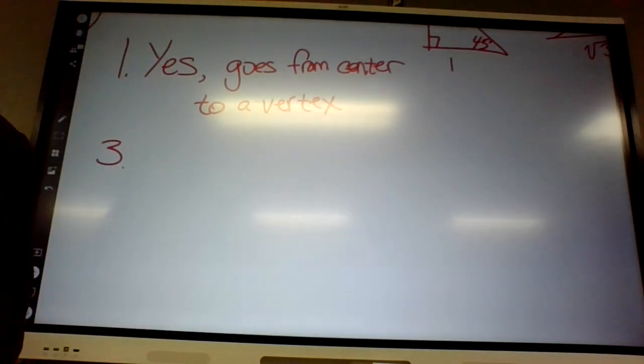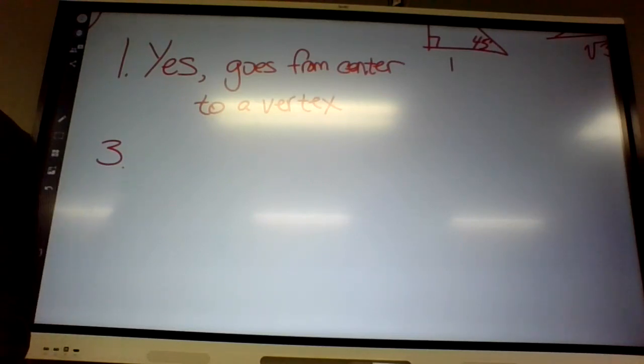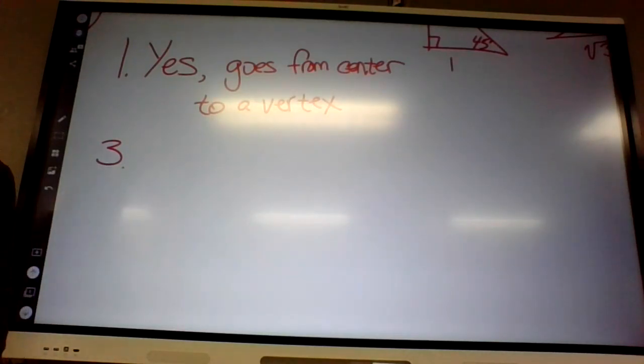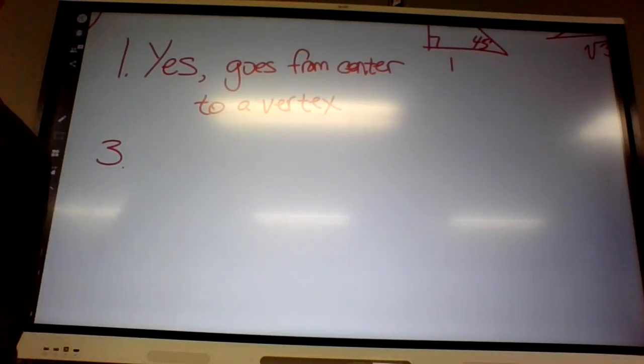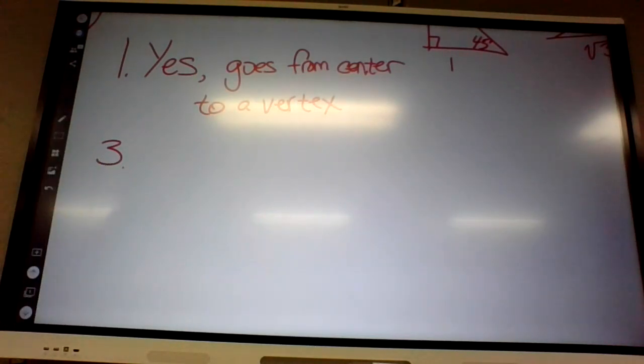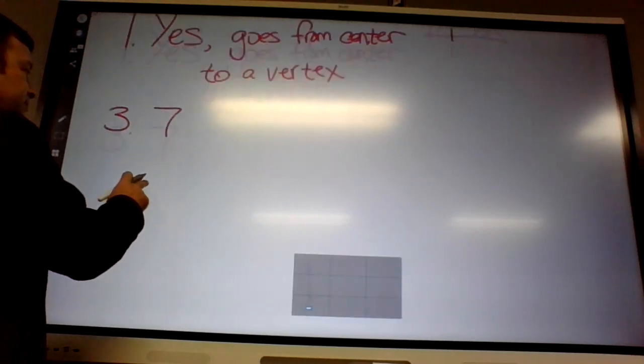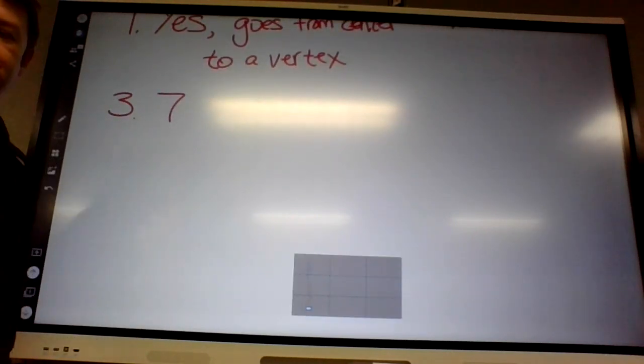Angles in the center, from the center of the... How many? 7. So the number of central angles matches the number of sides. Like angle BHA, it's a central angle. It's an angle from the center going out. Do you guys remember what a 7-sided polygon is called? Heptagon.